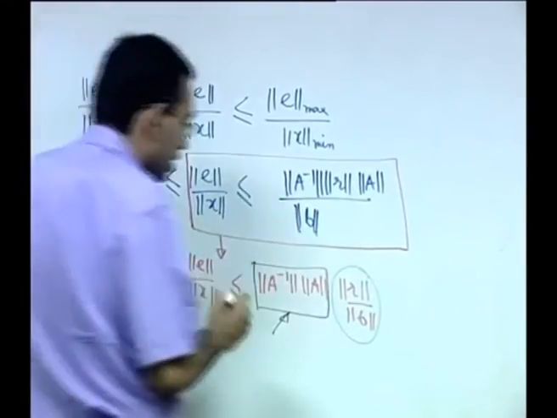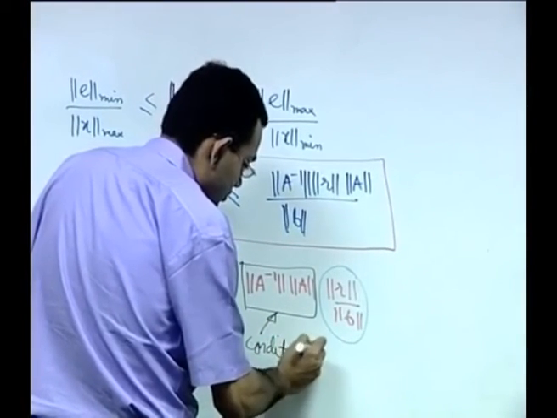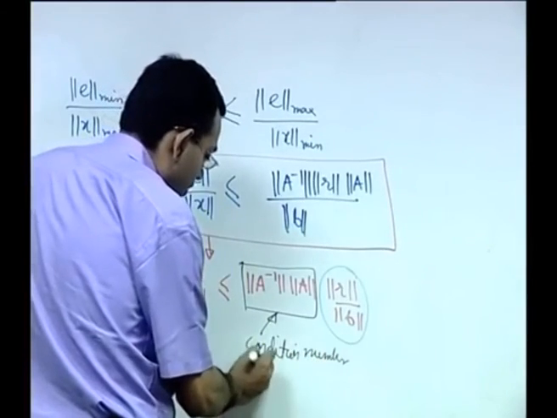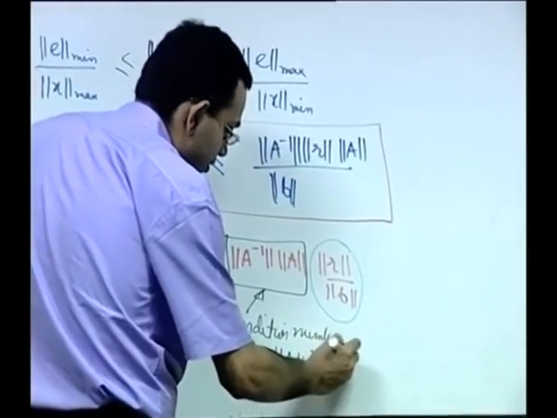So, this is called the condition number, C of A, which is norm of A into norm of A inverse.